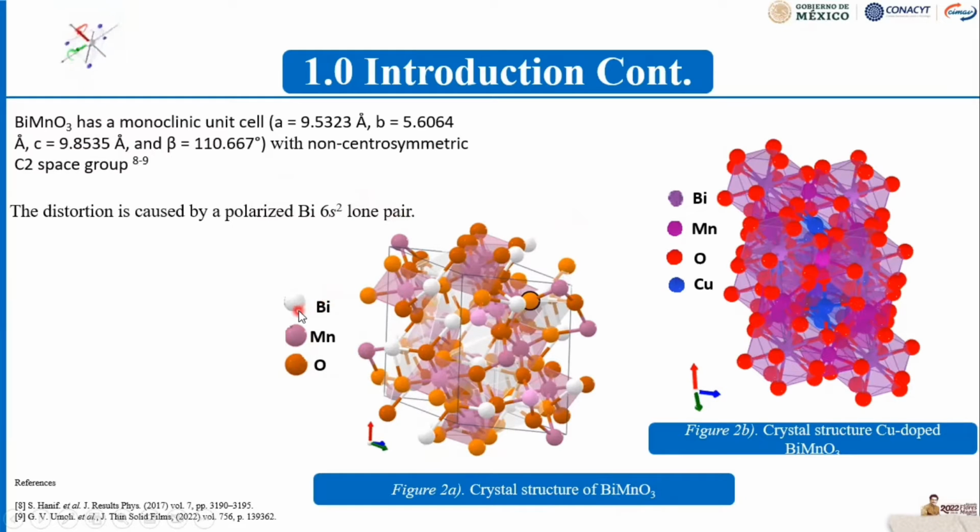Two structural effects in these materials are inversion symmetry breaking, which gives rise to ferroelectricity, and the manganese-based sublattice, which is responsible for magnetism. Here shows the crystal structure of the copper-doped bismuth manganese oxide. The copper here is bonded in a distorted square coplanar geometry to 4 oxygen atoms.